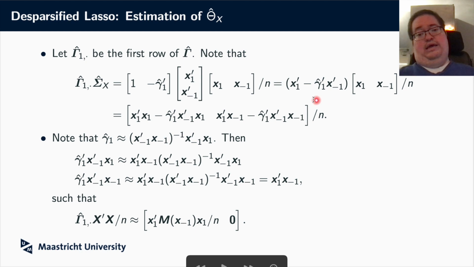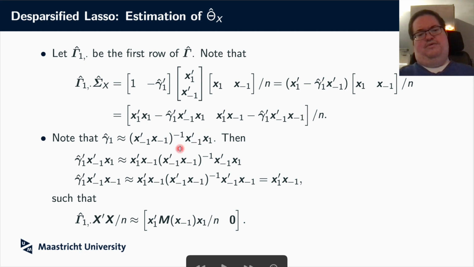So in fact, what we get here are residuals. So we get a transposed form actually of the residuals of the Lasso regression of x1 on all the other variables. Well, we can of course then write it out further because we can multiply it with this. So we actually get x1 prime x1 minus this part, and for the latter part we get this part here.